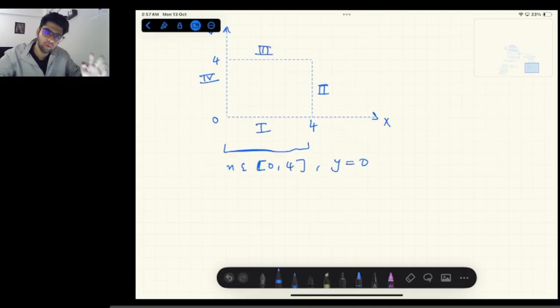On the first edge, I have all those points where x lies between 0 and 4 and y is equal to 0.